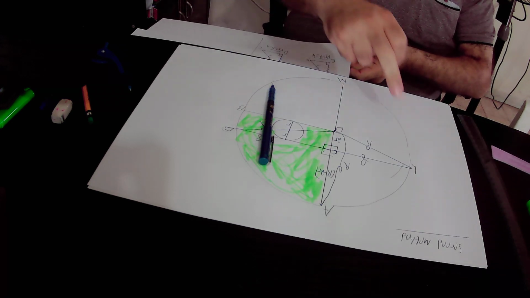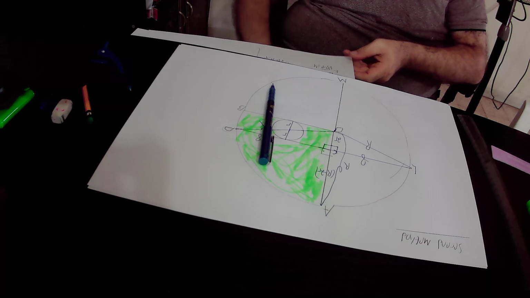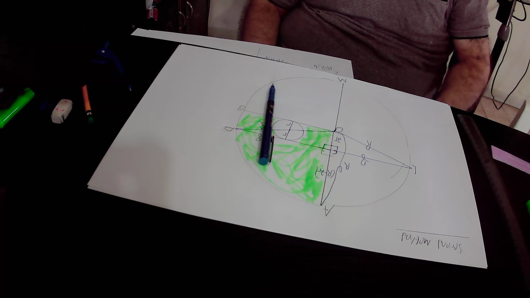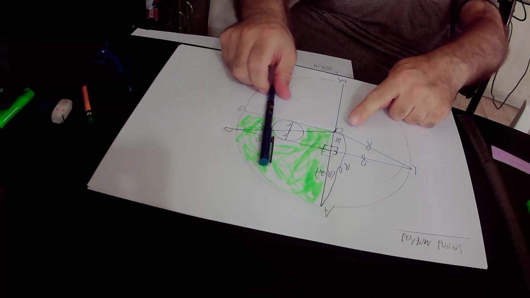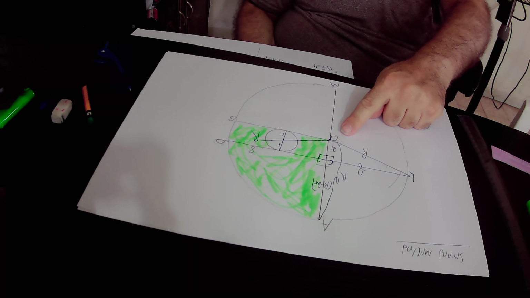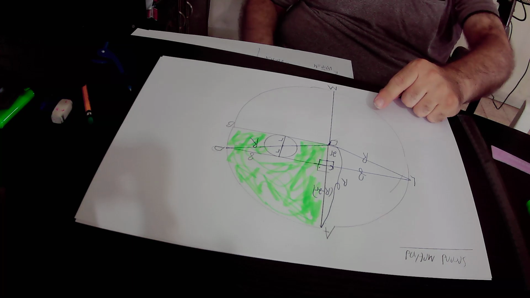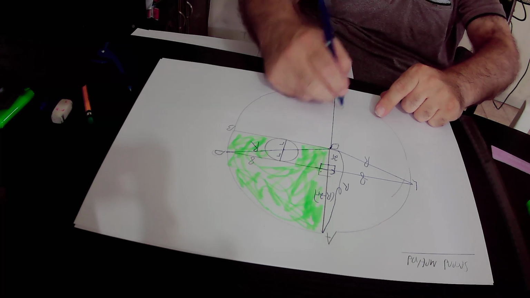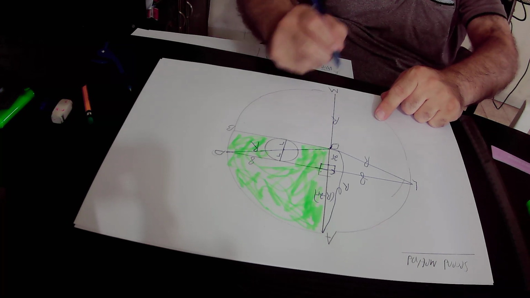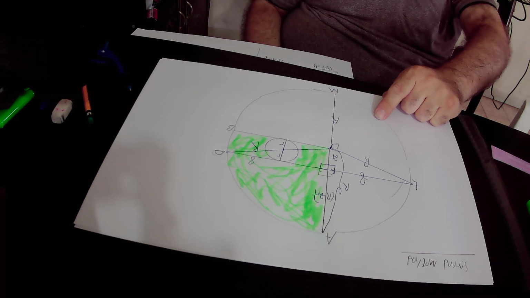So we found out that LC equals 8 units. Point O is the center of the circle, point M is a point on the circle itself, therefore OM is the radius of the big circle that is equal to capital R.